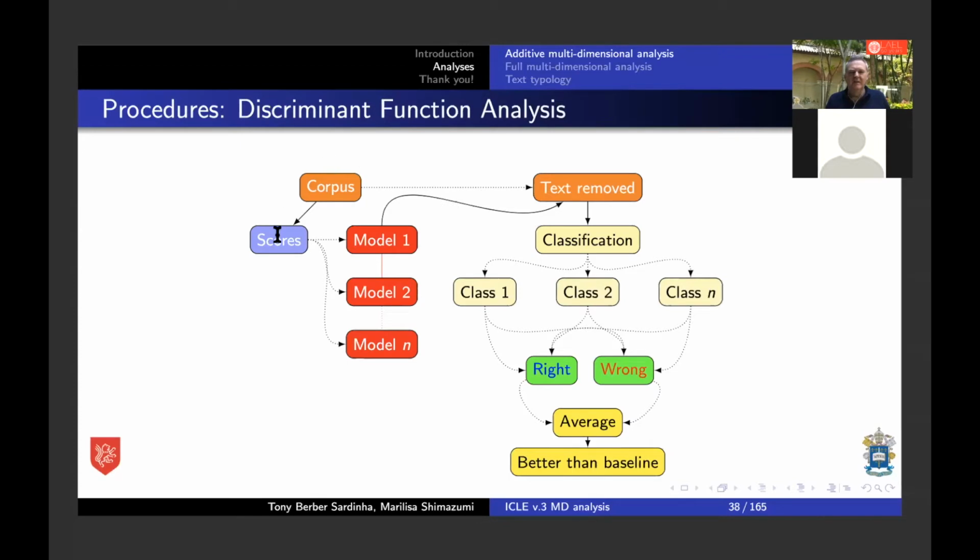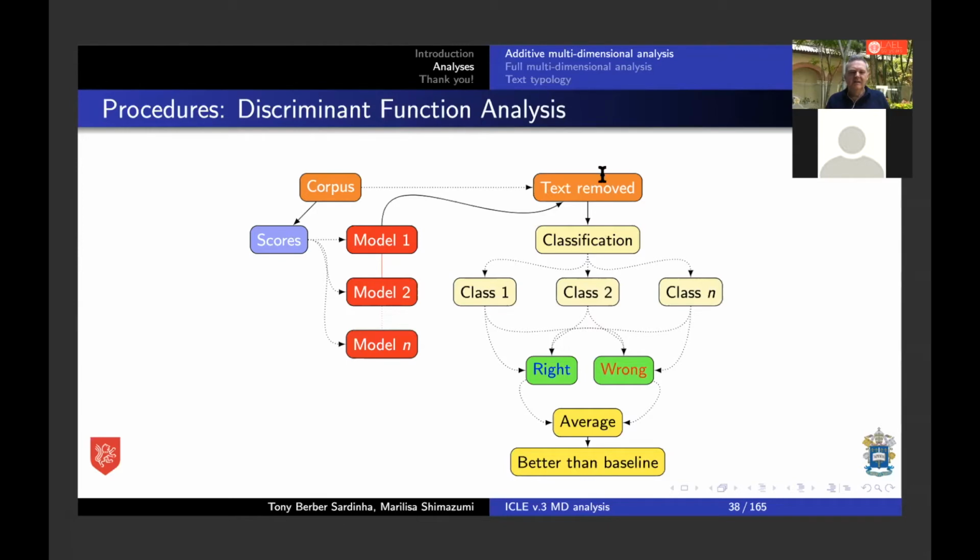You get your corpus, you get your dimension scores, and the computer will produce models. For each model, it will remove the text that's under analysis, and that text will be classified according to the model in terms of these categories. So our categories are the register categories, right?